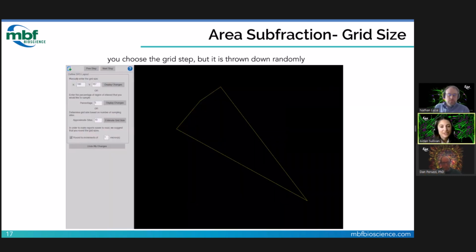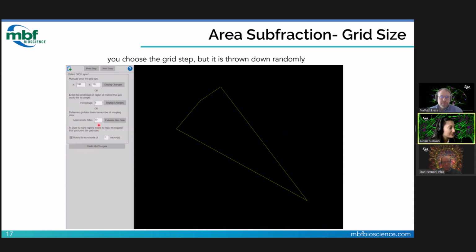Yeah, Stereo Investigator makes that part really easy, actually. So I think I got this one covered, Dan. All I have to do is enter the approximate number of sites that I want to use on my representative section. In this case, we wanted 10 sites across my section on average for this pilot study.